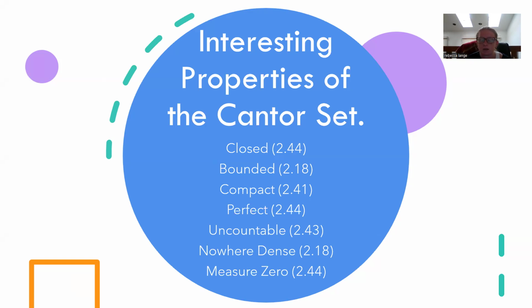It's uncountable. So the book states it. There's not a specific proof that it's uncountable in the book, so you can look at that, but prove it yourself. It's nowhere dense. So these next two are very unique to the Cantor set. They do occur in other places, of course, but they are more interesting. Nowhere dense means nowhere within the Cantor set is it dense, and that's because between each value there's basically a gap.